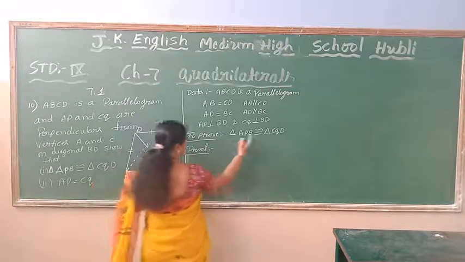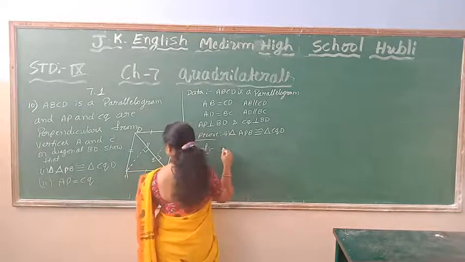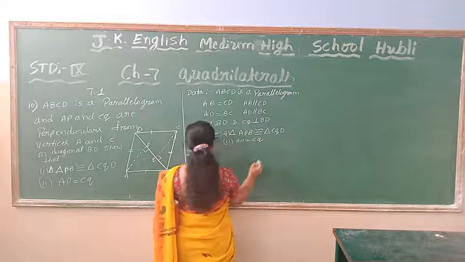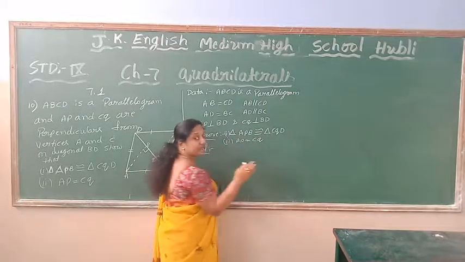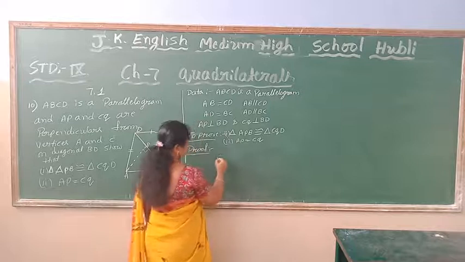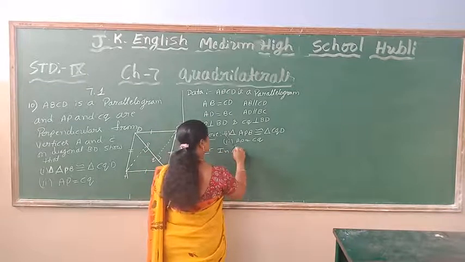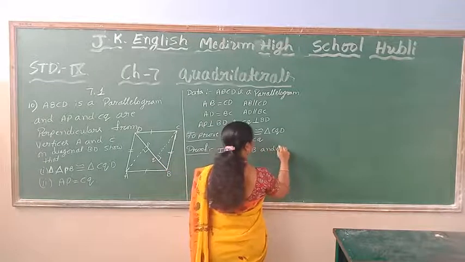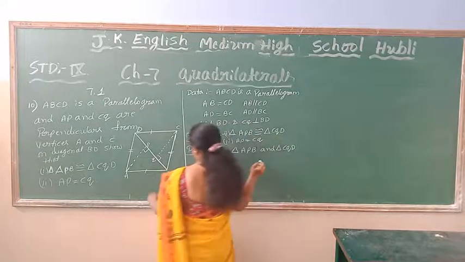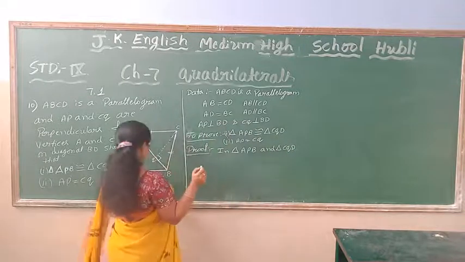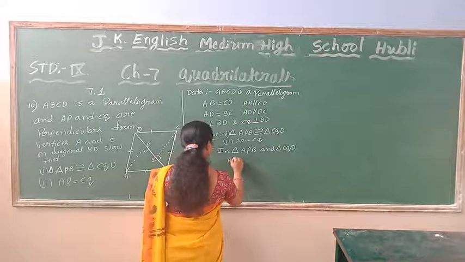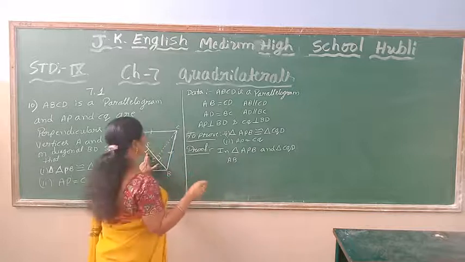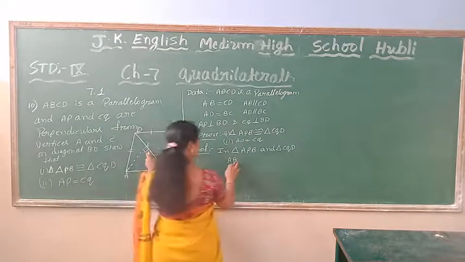In the proof, first I have to prove the triangles congruent, and then the second one, that is AP is equal to CQ. So I consider those two triangles. In triangle APB and triangle CQD, one angle we know already: this is 90 degrees because it is perpendicular.